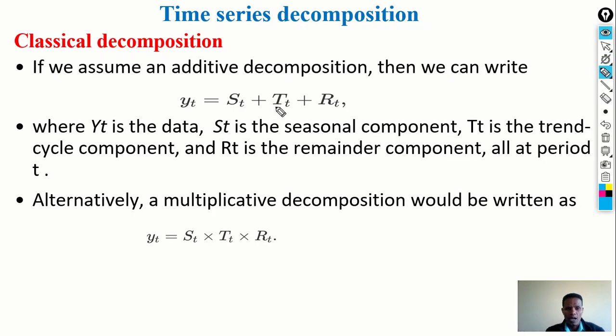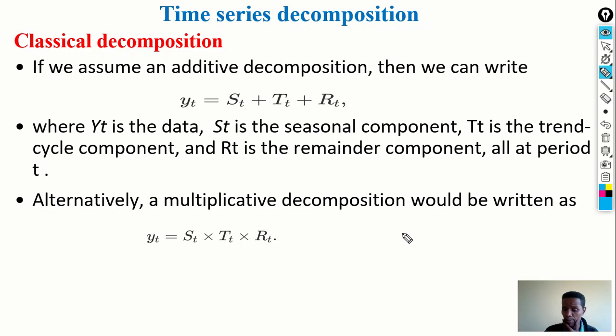So according to the additive decomposition method, the data y at time t is equal to the seasonal component S_t plus the trend cycle component T_t plus the remainder component R_t. That is the additive decomposition method of the classical decomposition.